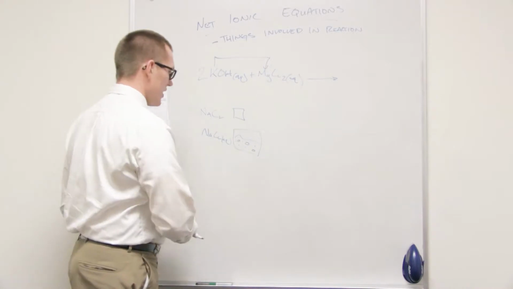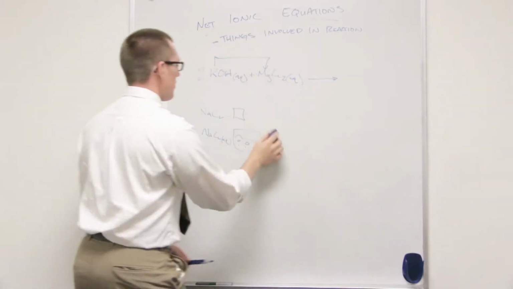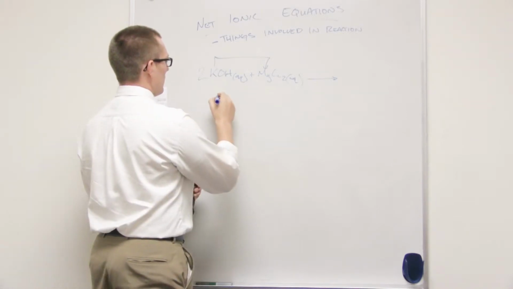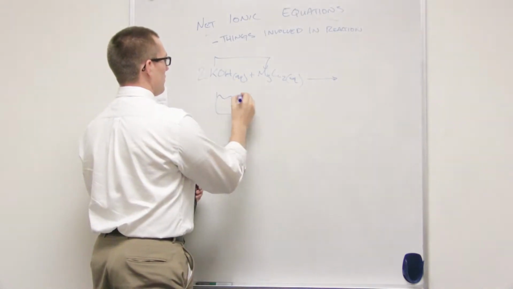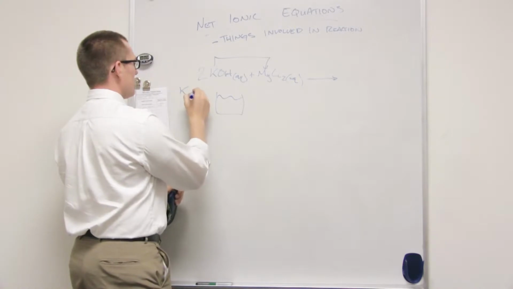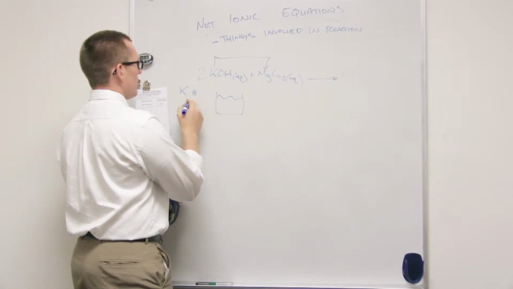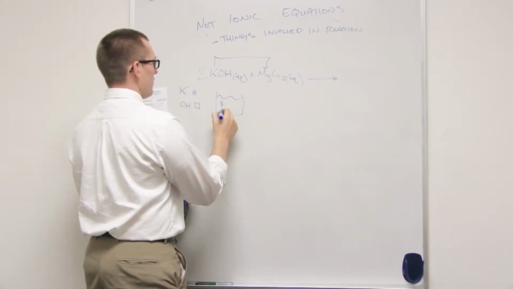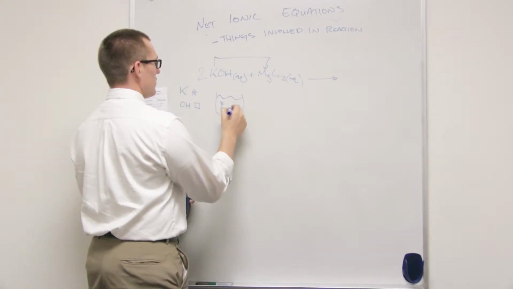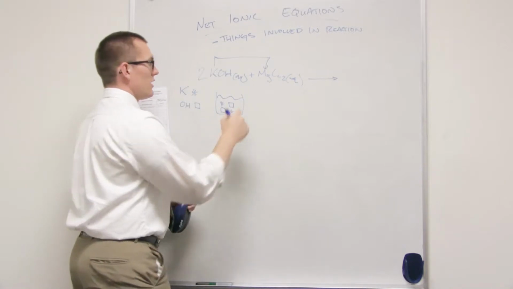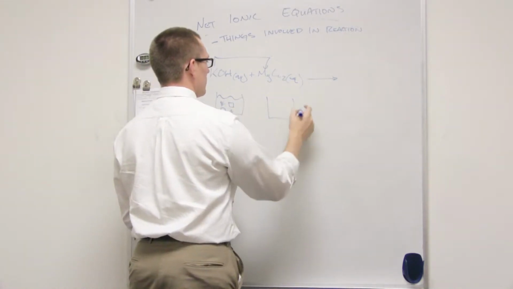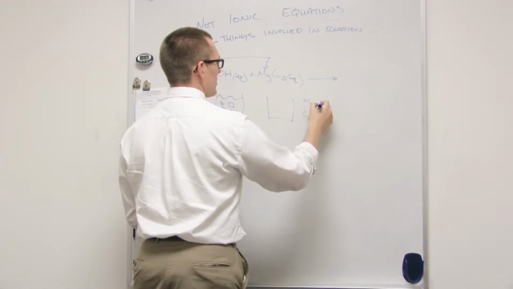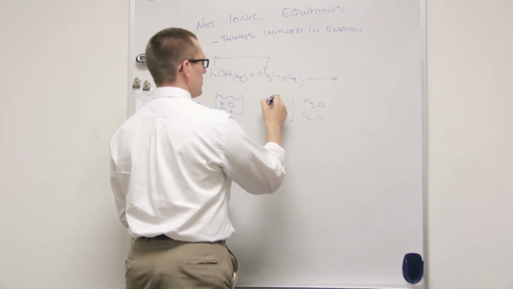Because basically what we're saying, if I draw this out right here, is that we have a glass full of, I'm going to say that potassium is a star and that OH is a square. So we just have these guys floating around in the solution, and we have another cup that's filled with magnesium and chlorine, and I'm going to say that this guy's a triangle and this guy's a circle.